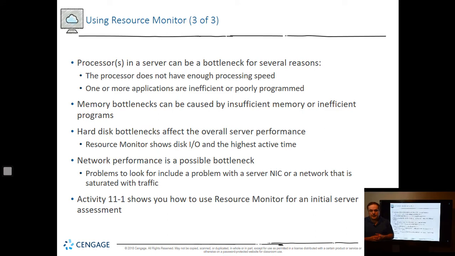Processors in a server can be a bottleneck. So the processor may not have enough speed, it may not be efficiently running applications, because we all know programmers are not as good as they think they are. And memory bottlenecks can also be caused by insufficient memory or inefficient programs. Hard disk is what I find to be the biggest bottleneck nowadays until we move over to SSD drives.